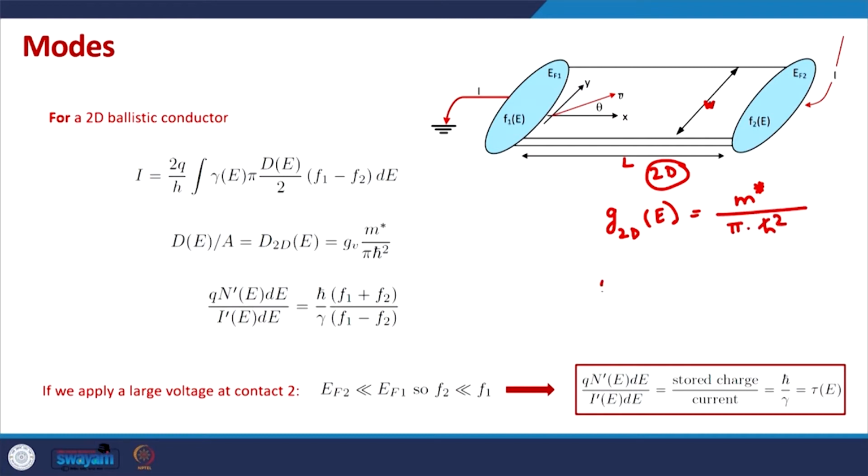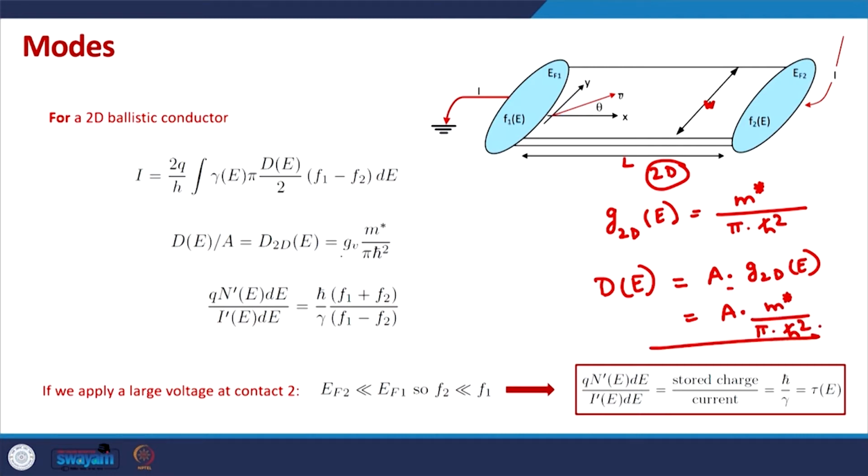So the number of electronic states per unit energy will be area times m star divided by pi h bar square.